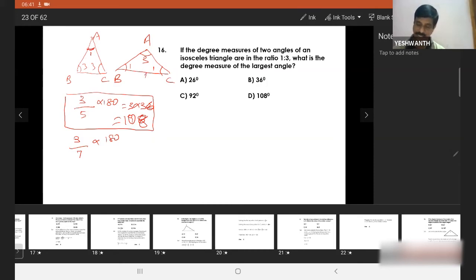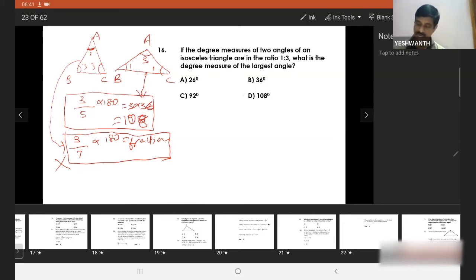This could be the case or this could be the case. If this is the case, you get 3 by 7 into 180. This is a fraction, because 7 cannot divide 180. Therefore, this cannot be the answer. Whenever he talks about the largest angle, it is the largest ratio by total ratio, which is 3 by 5 into 180.